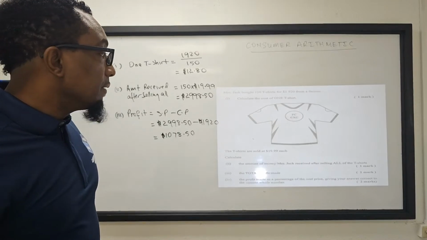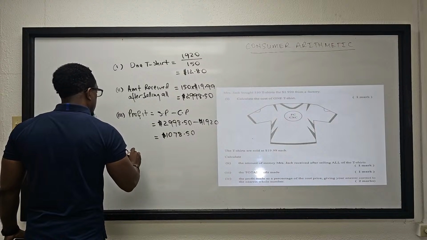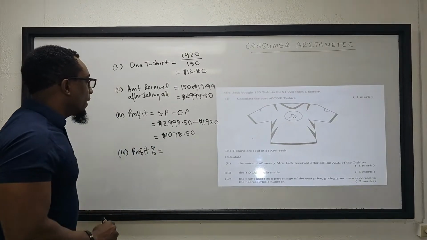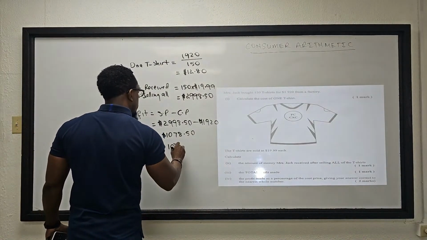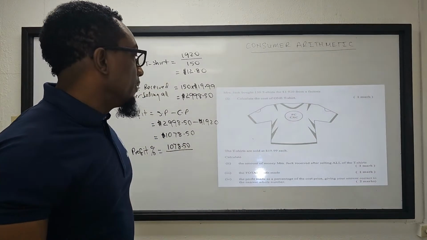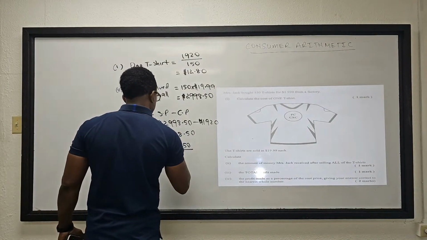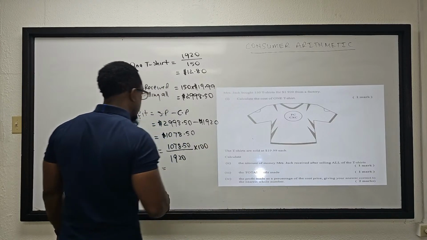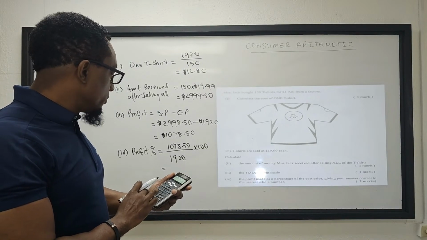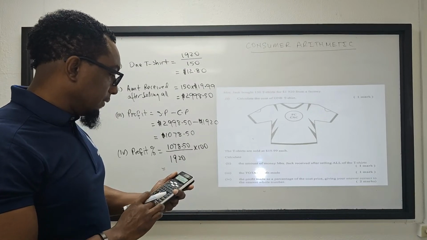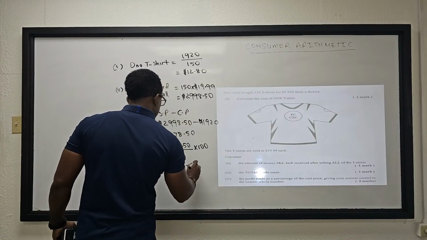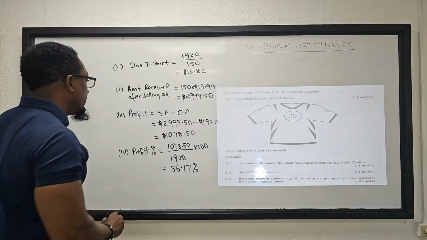So the profit percent is your profit, which is 1078.50, divided by the cost price, which is 1,920, multiplied by 100, will give us 56.17%, and to the nearest whole number that will be 56%.